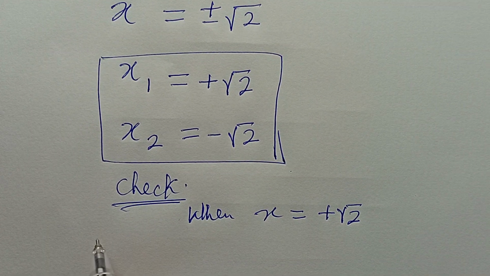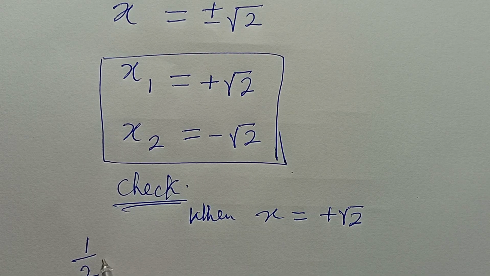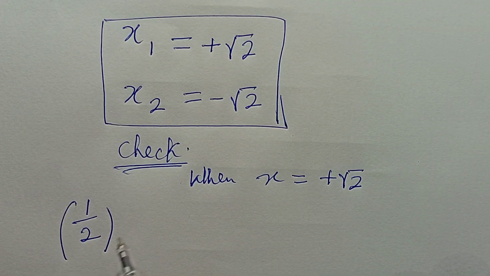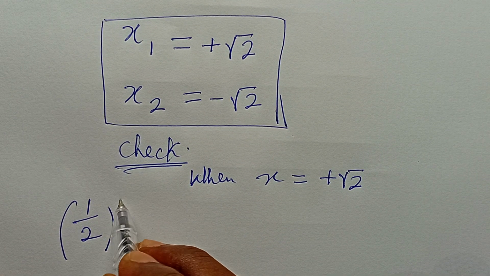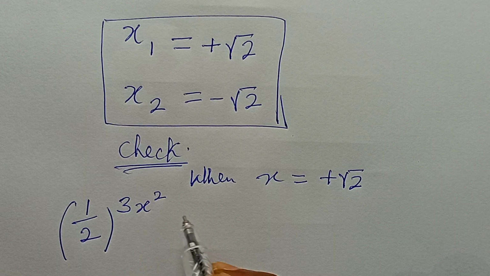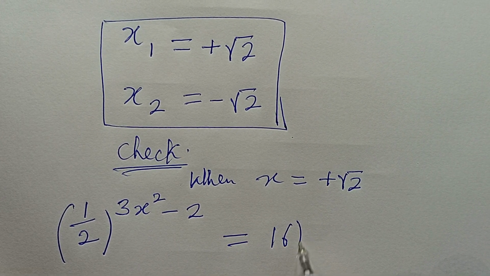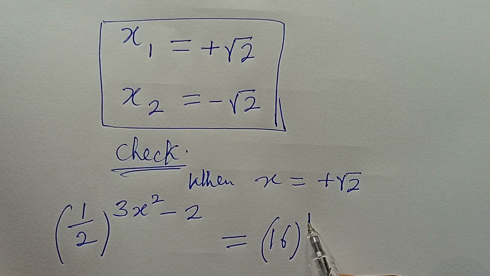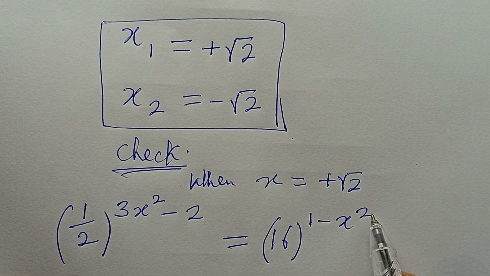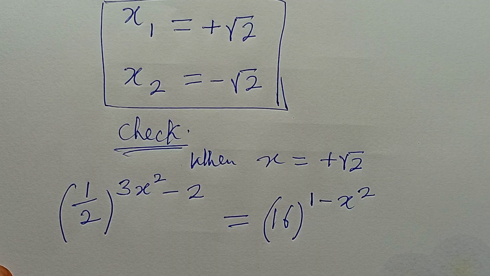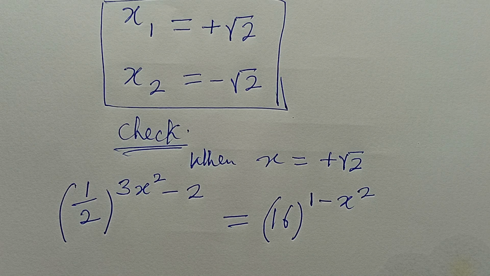We have our equation: (1/2) all raised to the power of 3x^2 - 2 equals 16 raised to the power of 1 - x^2. Wherever we see x, we put in positive root 2.